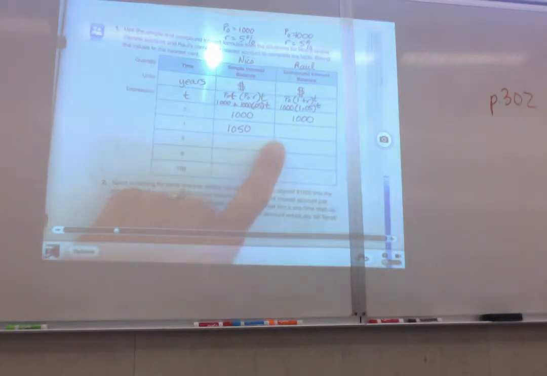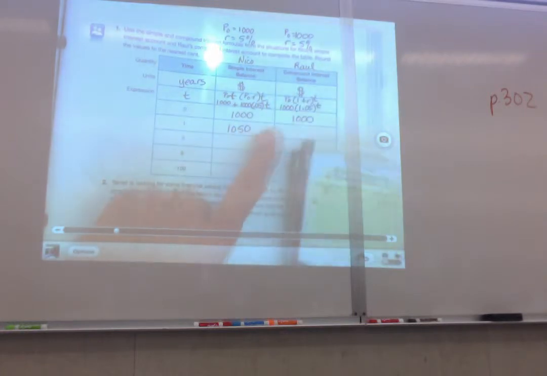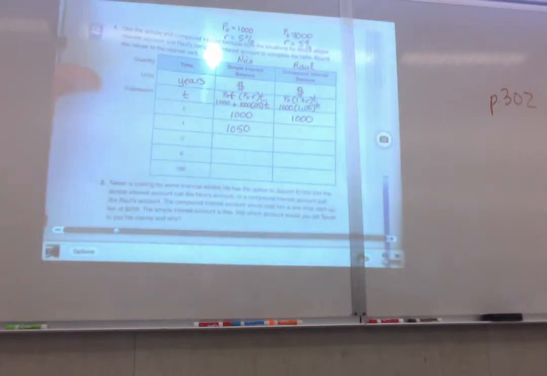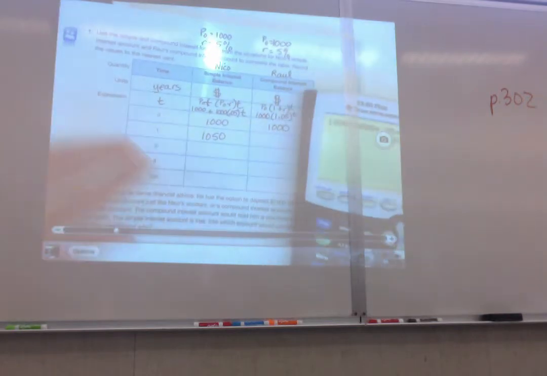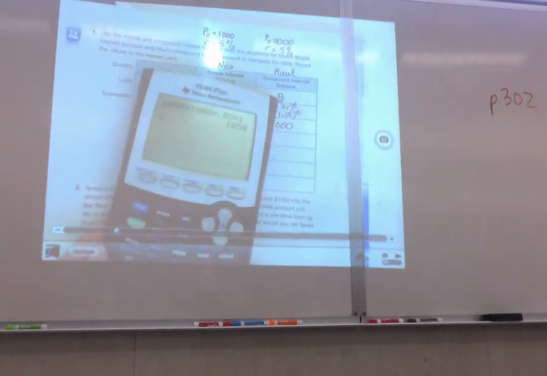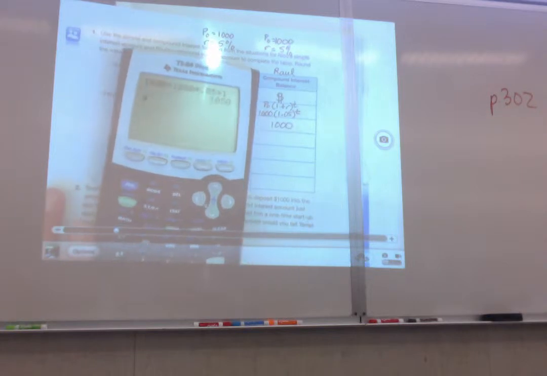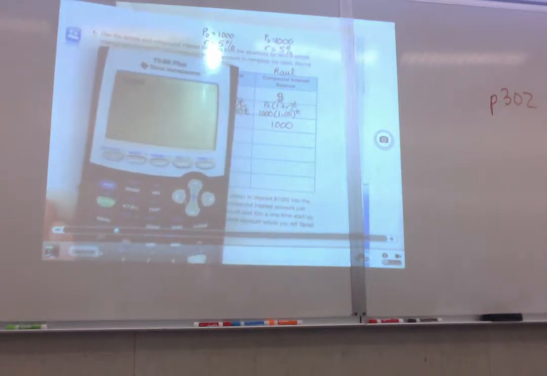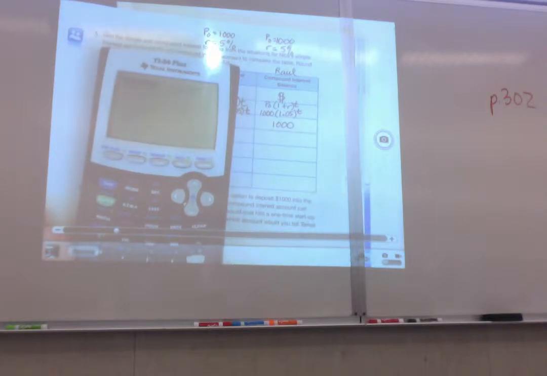Okay. Now, in compound interest, let's see, I can put this over on this side. Clear that out. 1,000 times, parentheses, 1.05, close the parentheses.